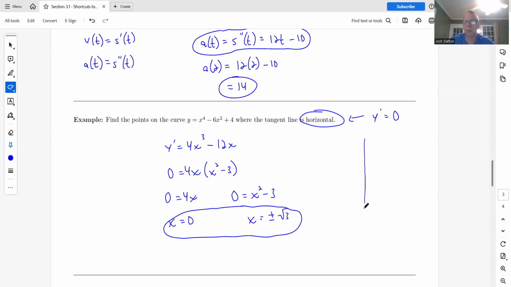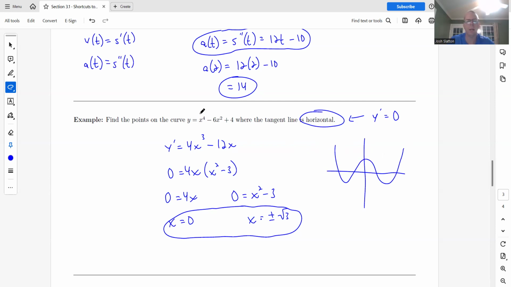And so if you graph this, I think I remember vaguely what this looks like. I want to say it looks something like that. At least we can kind of get that idea because the y-intercept is 4, so there you go.